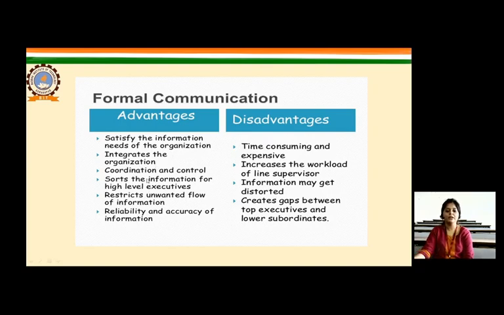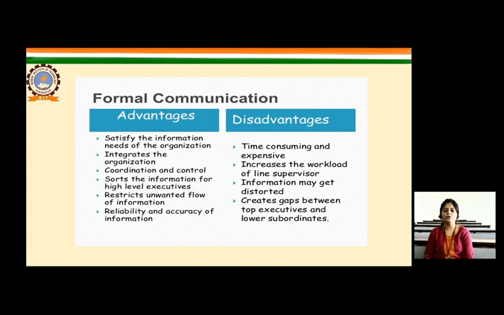Then you have, it integrates the organization's coordination and control. Suppose you are working on a plan to launch a new product, and you have a product development team. The team employees talk about how they will progress with the conceptualization and the design, and at what time they want to launch the product.